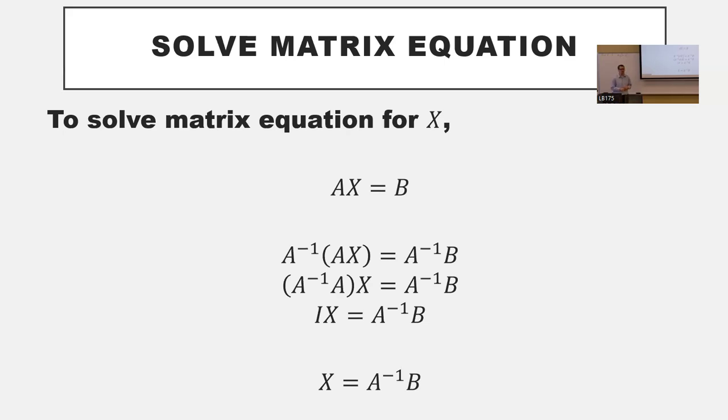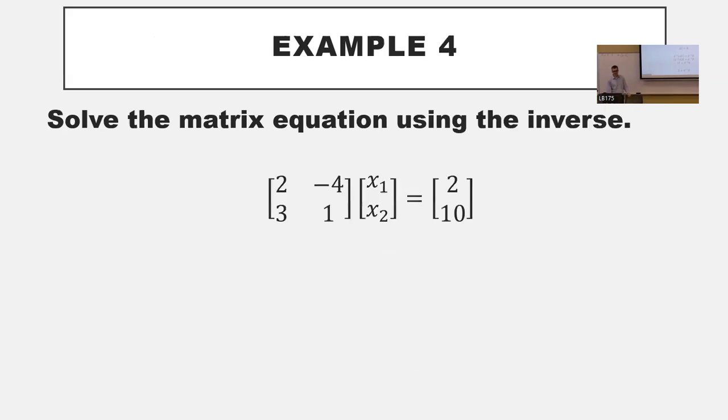If we have a non-singular A, then we can find the A inverse. I multiply by A inverse on both sides. A inverse times A is the identity matrix. Identity matrix times X would just be X on the left-hand side. And then the right-hand side is just A inverse times B. Okay.